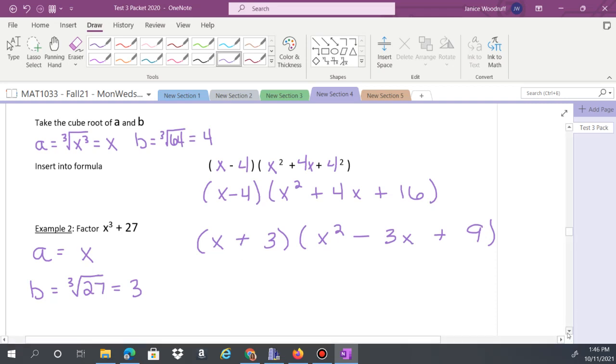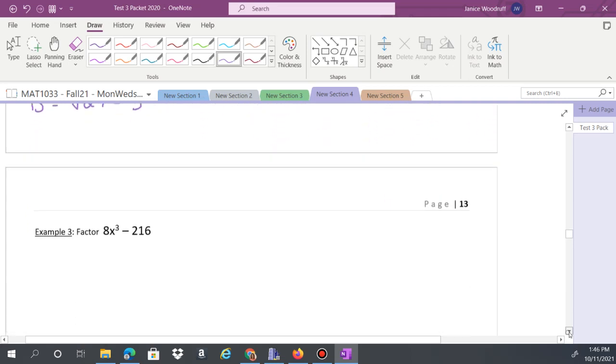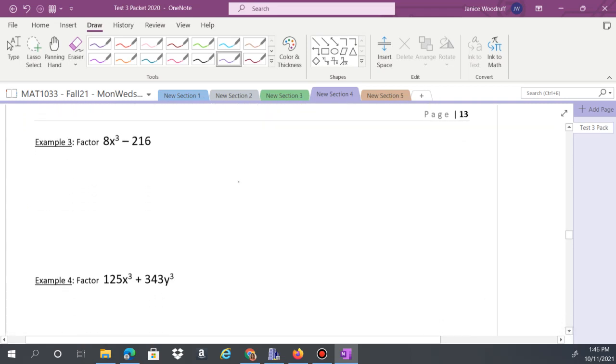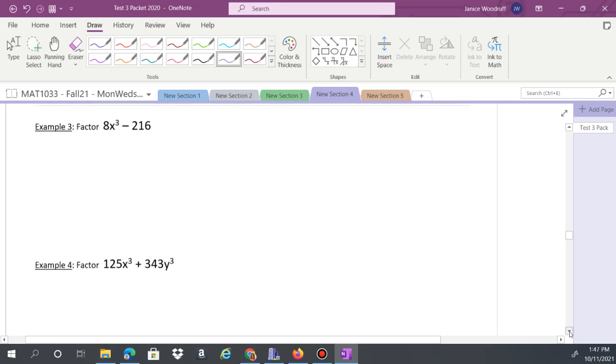Okay, then we have 2 more examples. Okay, so you have 8x cubed minus 216. We should notice those from our list. So a is going to be the cube root of 8x cubed. What's the cube root of 8? 2. Yeah, so 2x there.